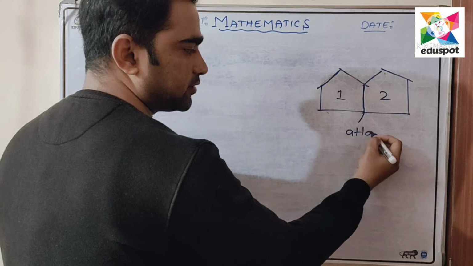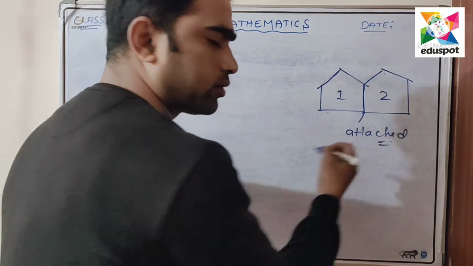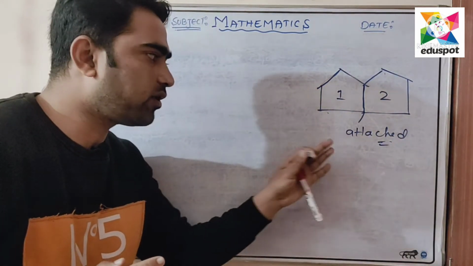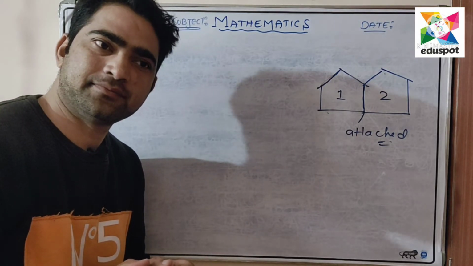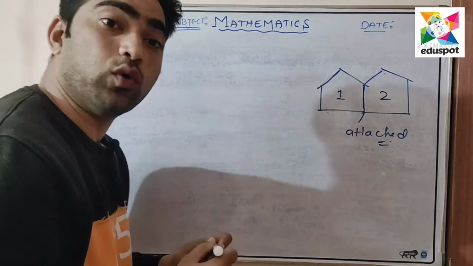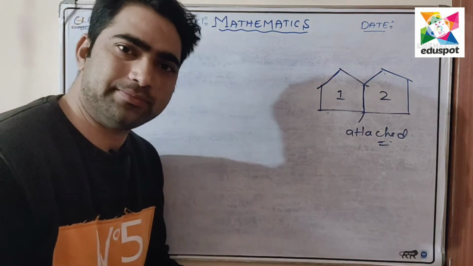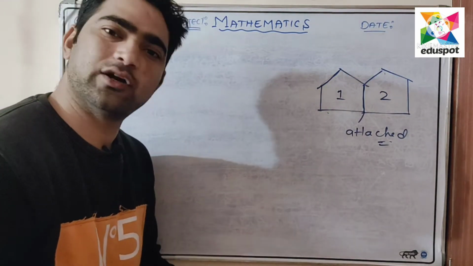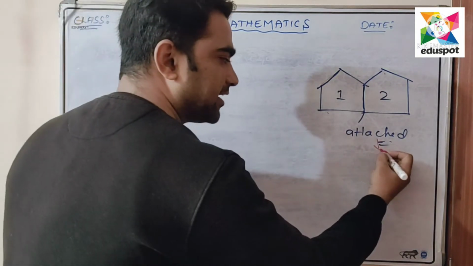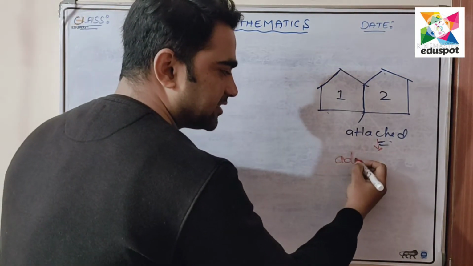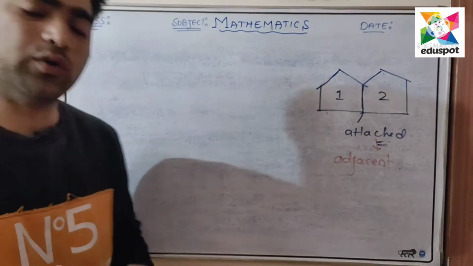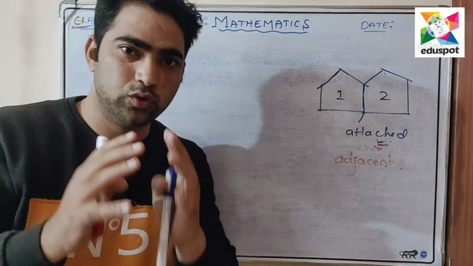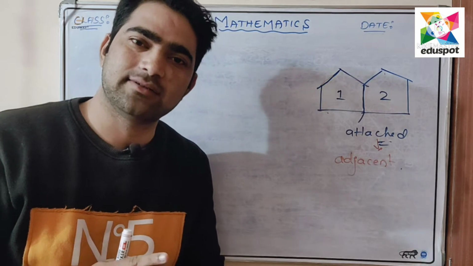Can you tell me the synonym for the word attached? Fine. So many synonyms are there, dear students. One of the synonyms for attached is adjacent. Do you know about adjacent angles?